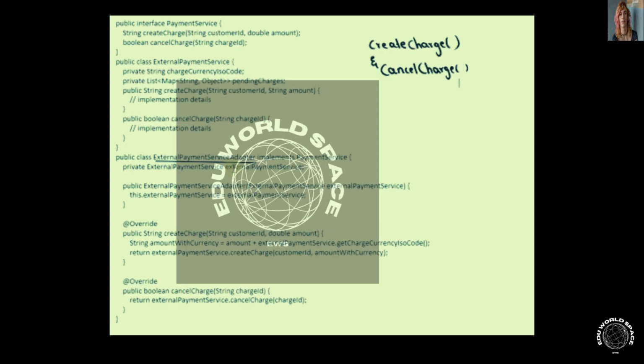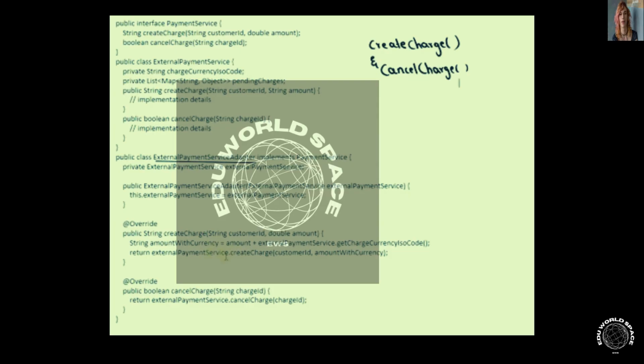external payment services. It has a private part of the external payment service to handle the actual payment process. So the create charge method in the adapter would call the create charge method in the external payment services and return the charge ID.